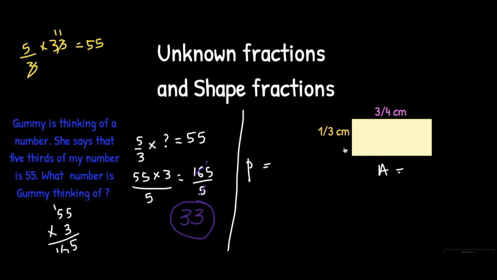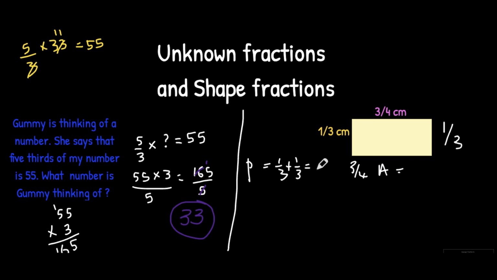We have a rectangle. A rectangle has two pairs of equal sides. So this side is also 1/3 and this side is also 3/4. Cool. Now, whenever you're doing the perimeter, we're going to add. The easiest is 1/3 plus 1/3.